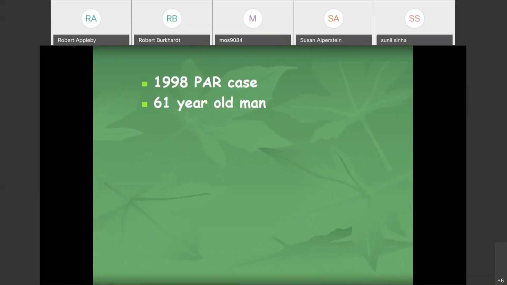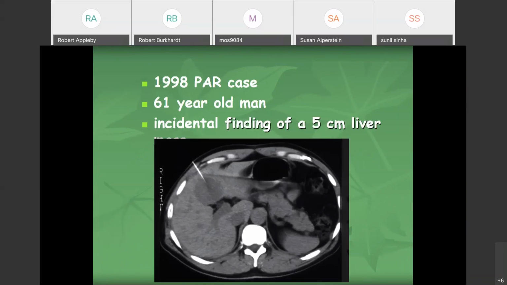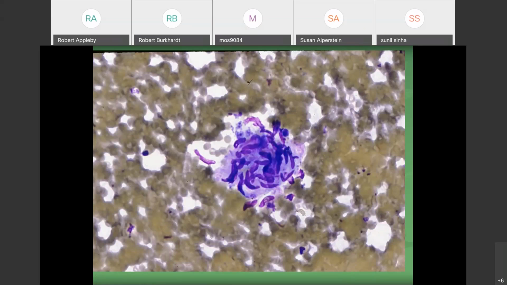The old case, 60-year-old man, incidental finding of a liver mass. Here's the CT-guided FNA, here's the liver mass. Everything's normal. And the aspirate was very, very bloody, blood everywhere. And then you have those spindle cells.